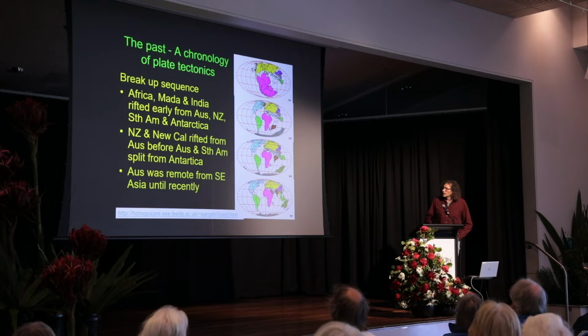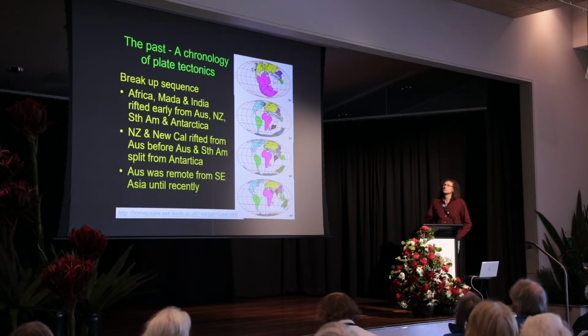So Australia parted ways with the rest of Gondwana around about 30 million years ago was the final link, I think, or actually no, it may have been a little earlier than that.